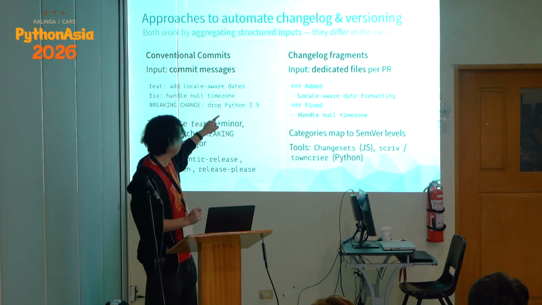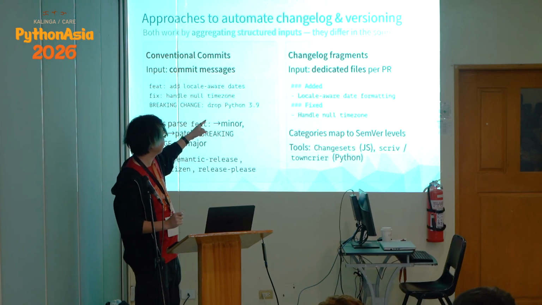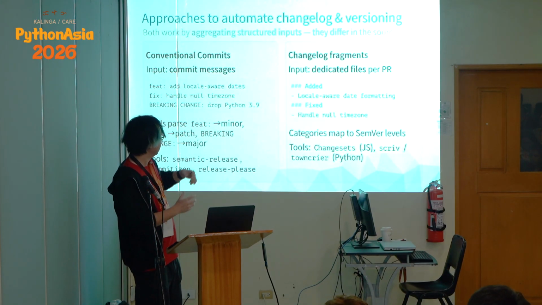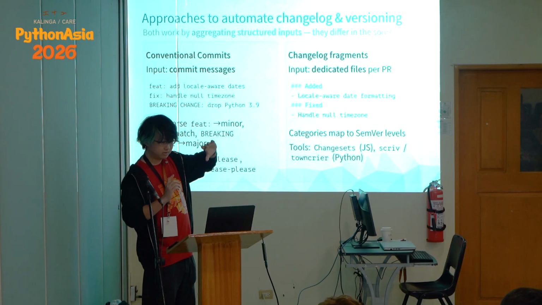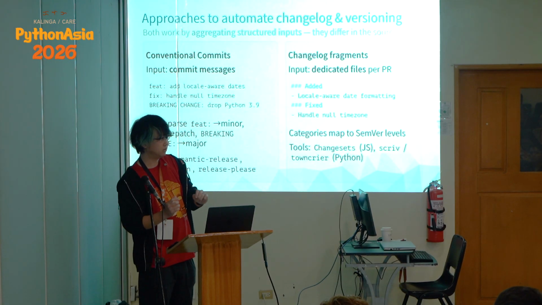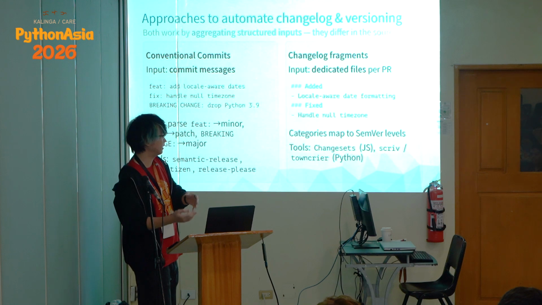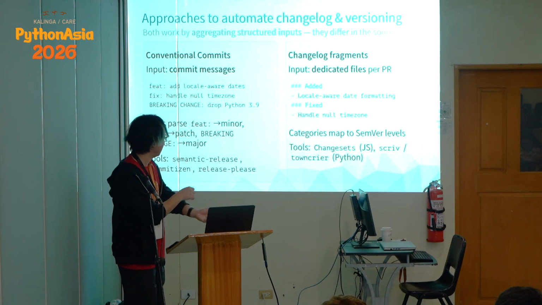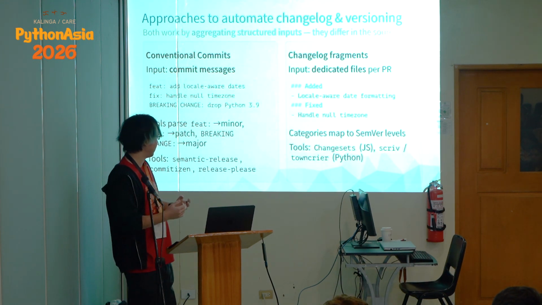And in the approach called changelog fragments, the input source is going to be dedicated files committed to the repository directly alongside the main code base as well. And the principle is very much the same.